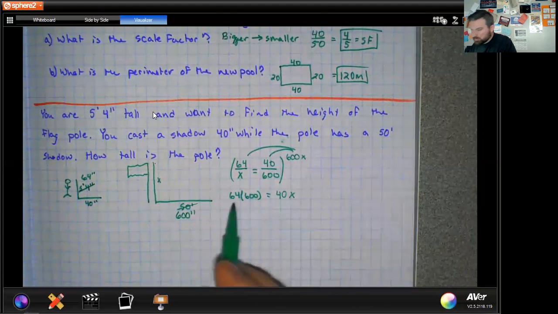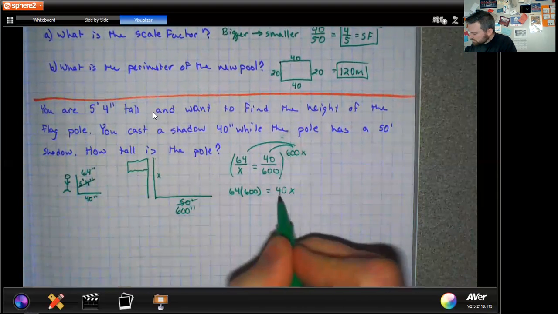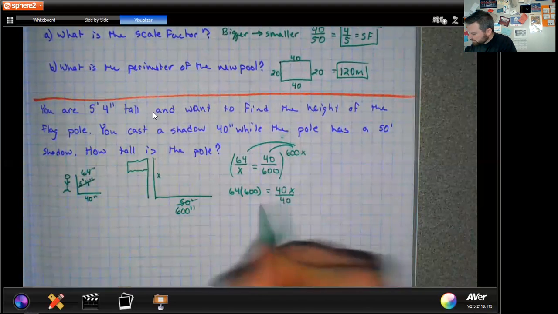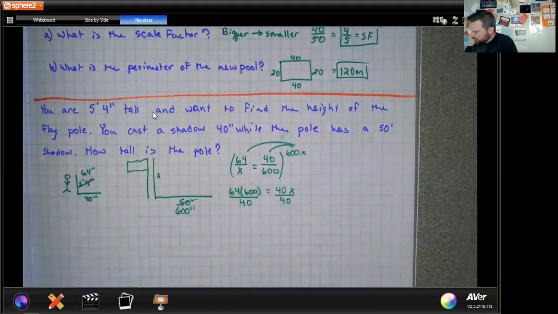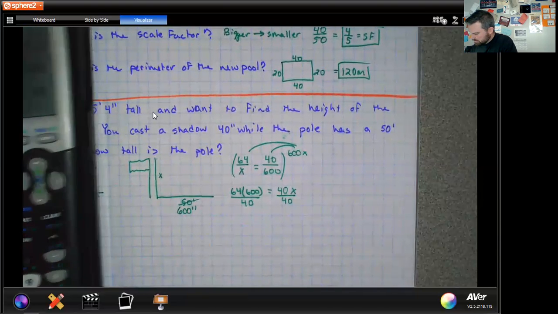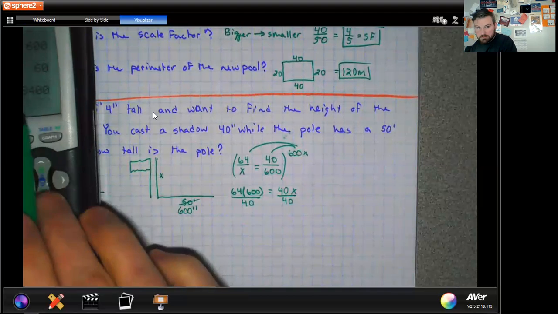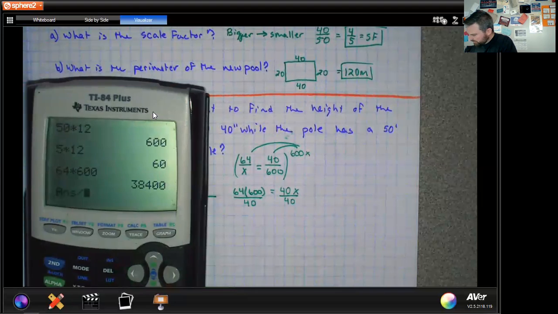Now, I didn't multiply this yet. You could have. But the next thing I'm going to do is divide by 40. So 64 times 600 is this number, and we'll take that divided by 40.